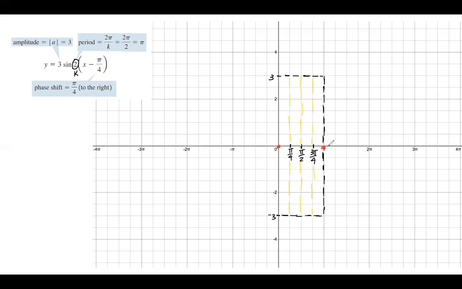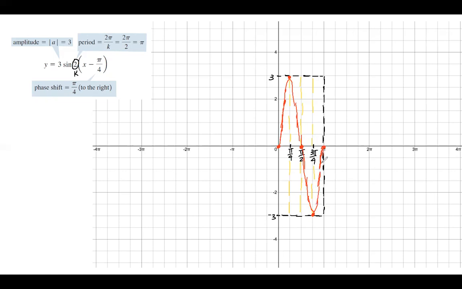We're going to have an x-intercept. In between those two, we have another x-intercept, and then in between the x-intercepts, we're going to reach the maximum value, and in between the other two, we're going to reach the minimum value. And the sine wave is going to end up kind of like this.